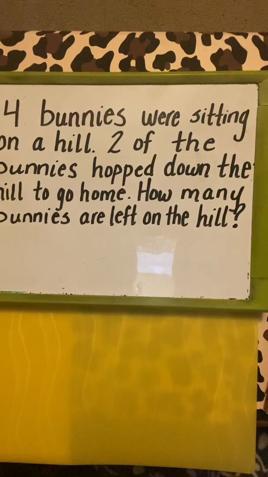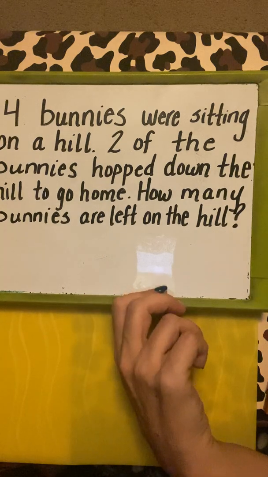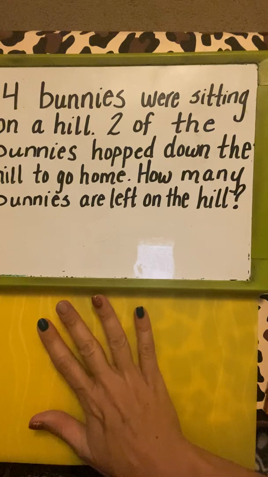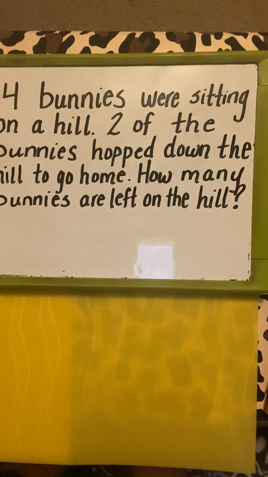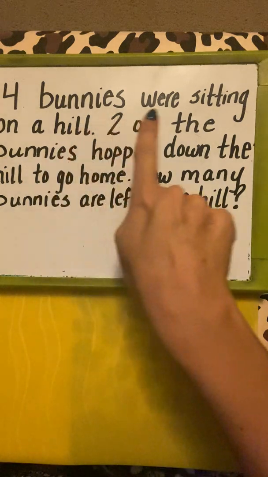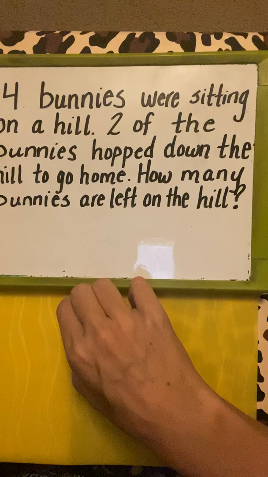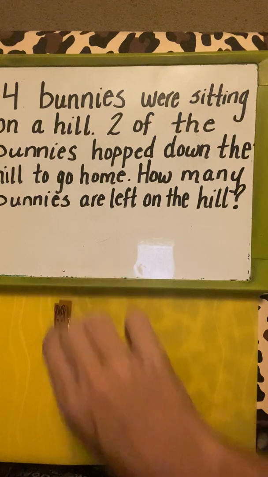Okay, so now we're going to read the story again. Okay, and now as we read it, I'm going to act it out right here. Okay, so the first sentence says, 4 bunnies were sitting on a hill. So Miss Becky has drawn little bunnies on these little clothespins.